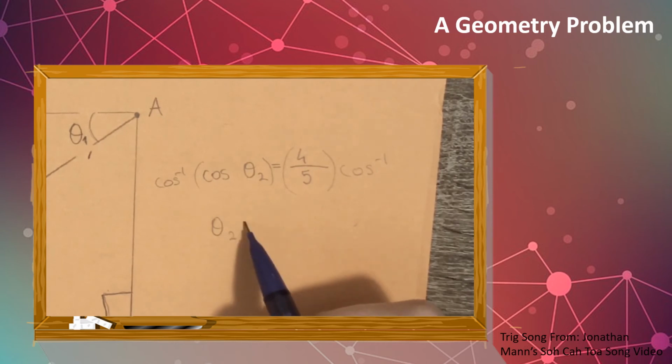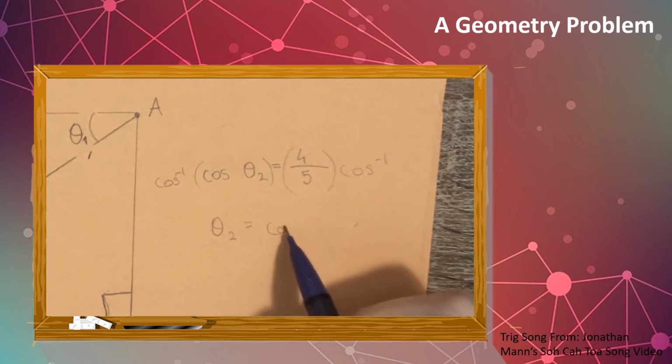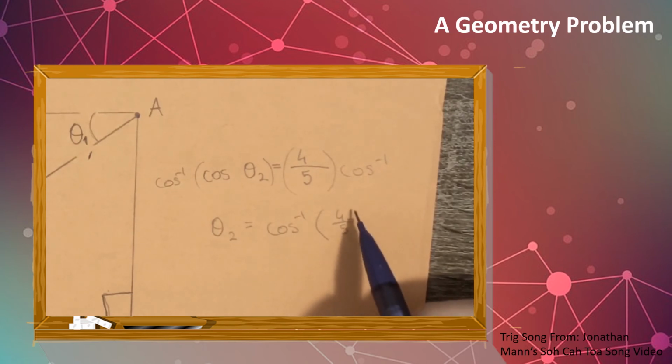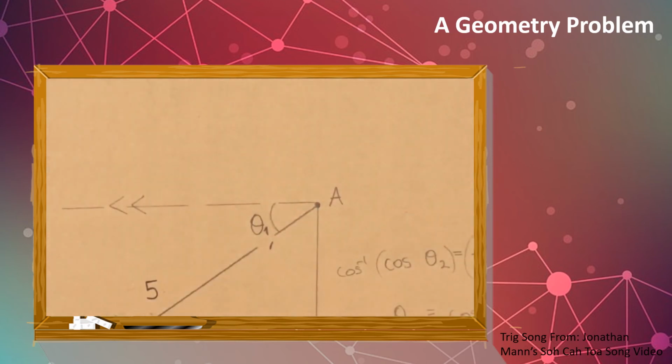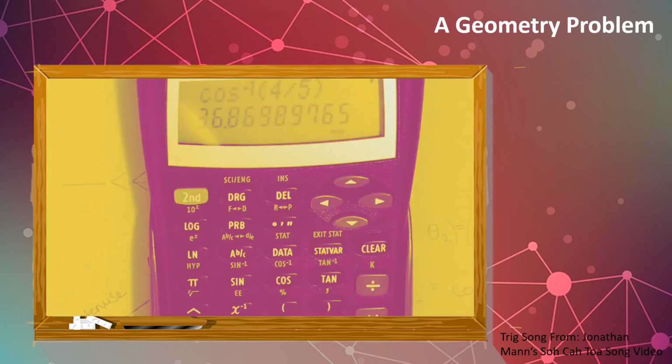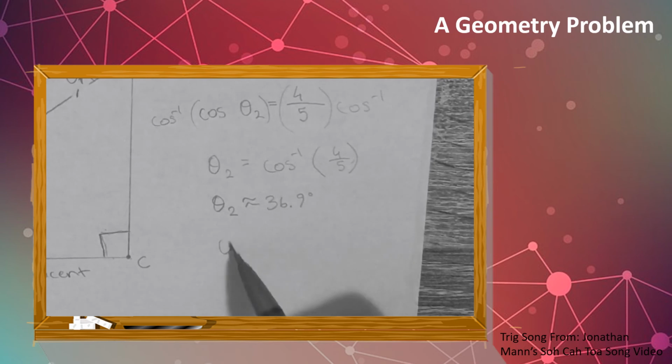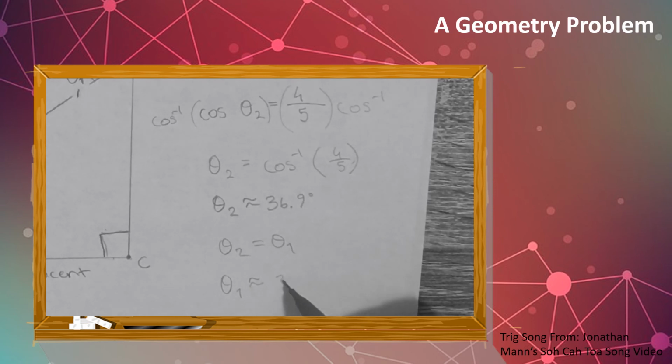That leaves us with theta 2 equals inverse cosine of 4/5, which, if we type that in the calculator, is approximately 36.9 degrees. Since we know that theta 2 equals theta 1, we can say that theta 1 approximately equals 36.9 degrees.